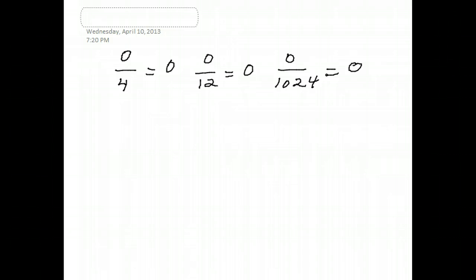When you divide 0 by any number, your answer is 0. Okay? Now let's look at the reverse. Let's say I ask you, what is 4 divided by 0? The answer is not 0. This is not allowed. Undefined.